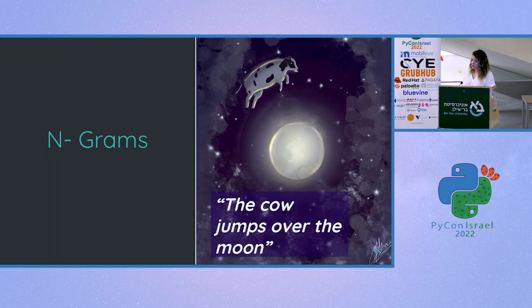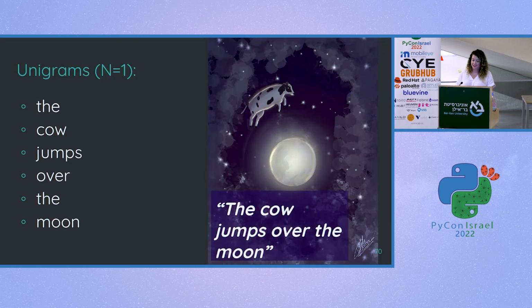So we're going to talk about another NLP concept, which is n-grams. This is a cow, and she jumps over the moon. When we're talking about unigrams, we're talking about one gram to take into account in the model, which is a different token for each word, which is basically what we did before with the events.